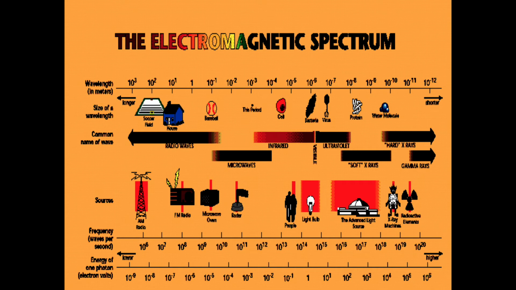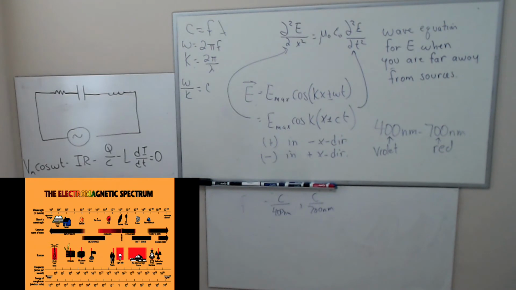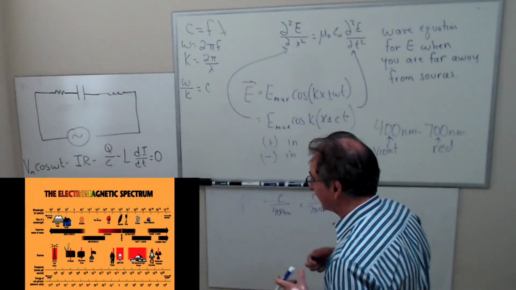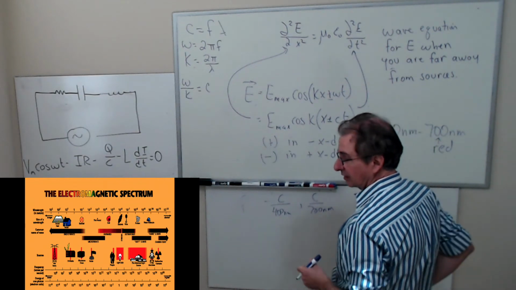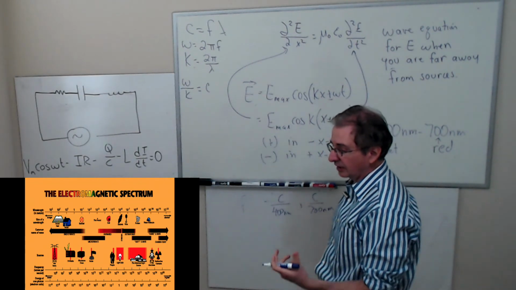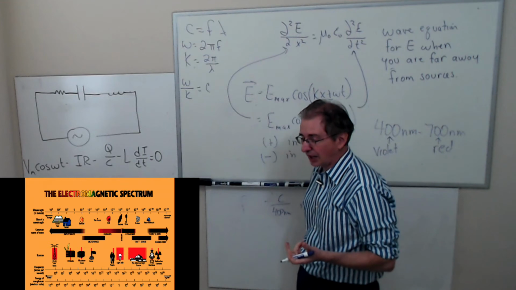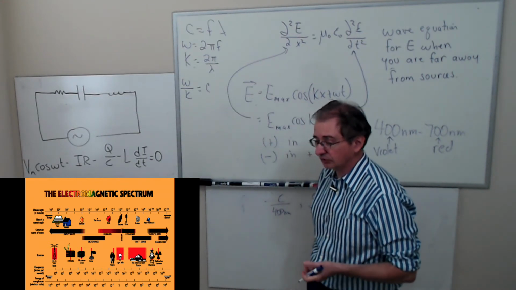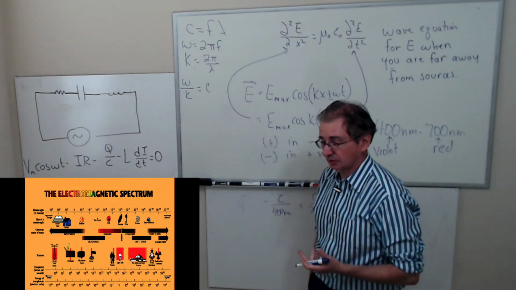Now, the bottom scale represents energy. Where does that come from? How do you describe the energy of a wave? Well, you'll learn this in Physics 215, that electromagnetic waves can be described in terms of these particles called photons that have no mass.